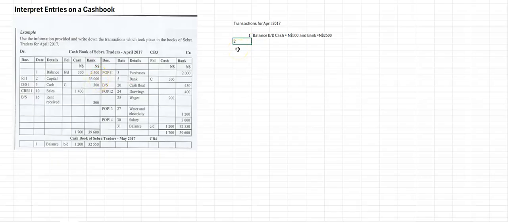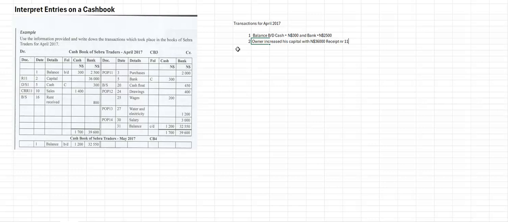So for the second, we say the owner deposited or increased his capital with 36,000. Receipt number 11.